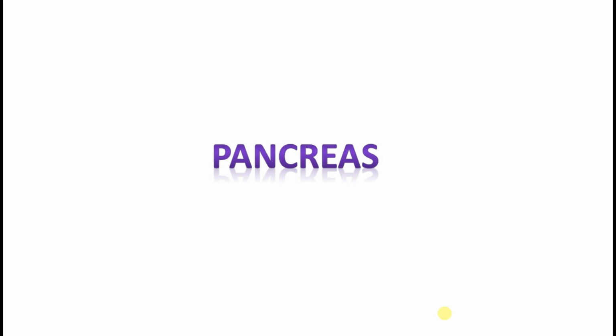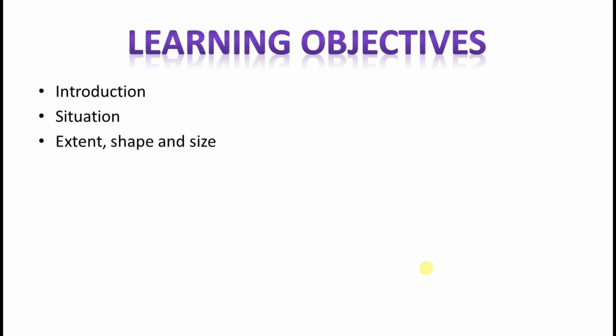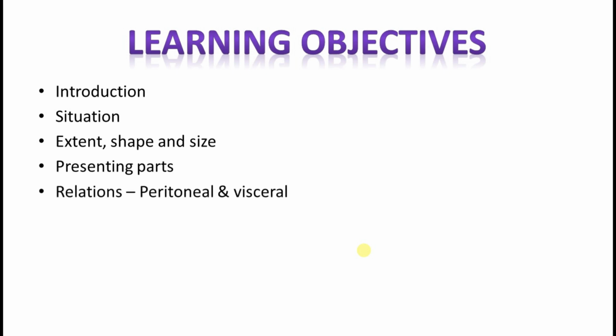Okay, so with respect to the pancreas, our learning objectives for today will be mainly a short introduction about this viscera, followed by the situation of the pancreas, its extent, and its various external features or morphology. Then we will discuss the various parts of the pancreas and its relations, mainly how it is related to other viscera, blood vessels, peritoneal coverings and so on.